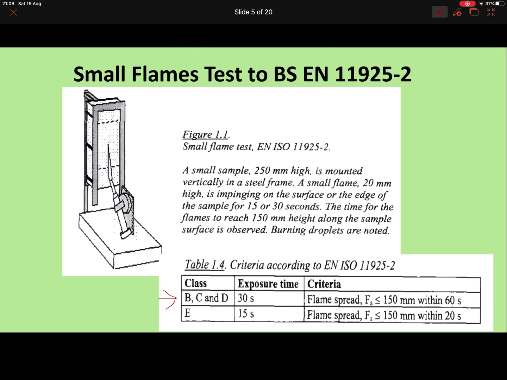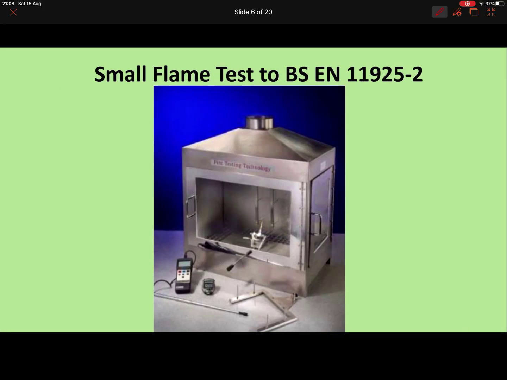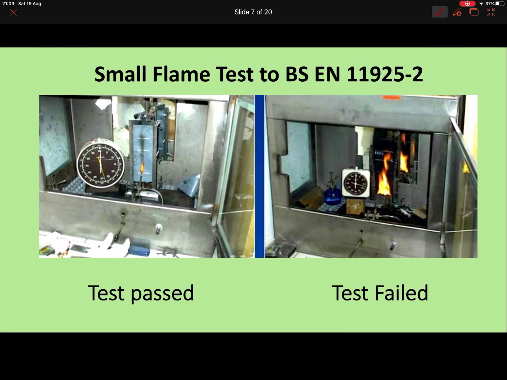So that's quite important. Especially, it's important on composite panels where the core of the product is flammable. There is a test apparatus, and there is the burner, a handheld device, just to give you a bit of an idea of scale.